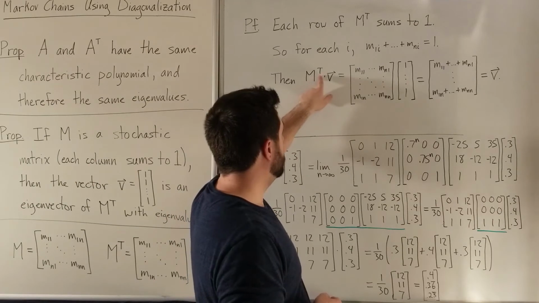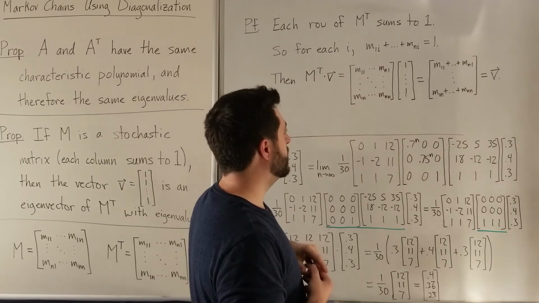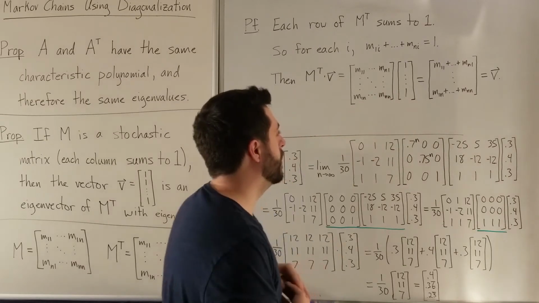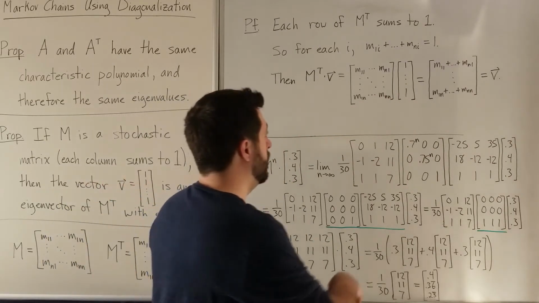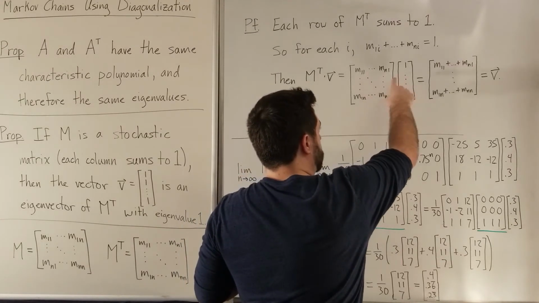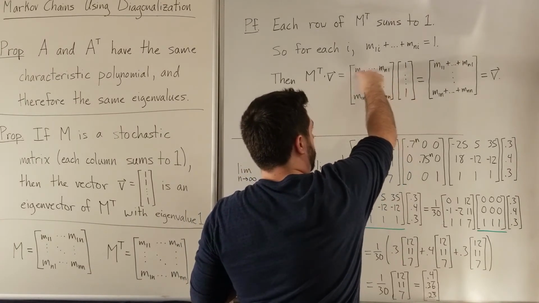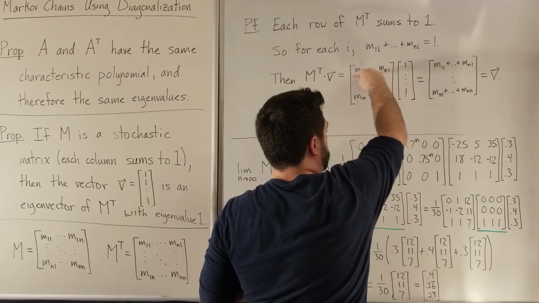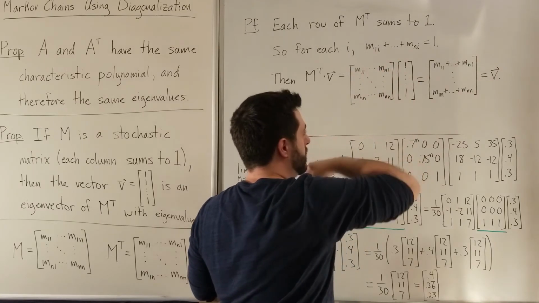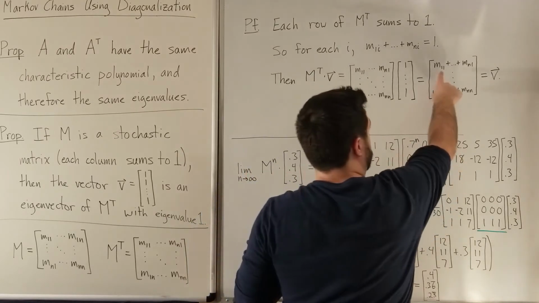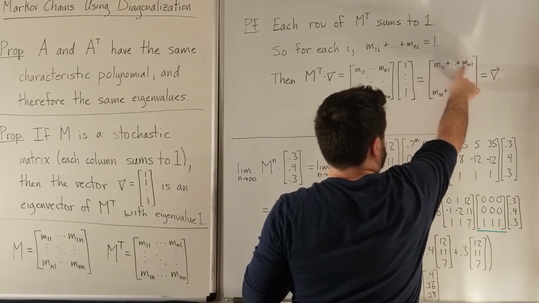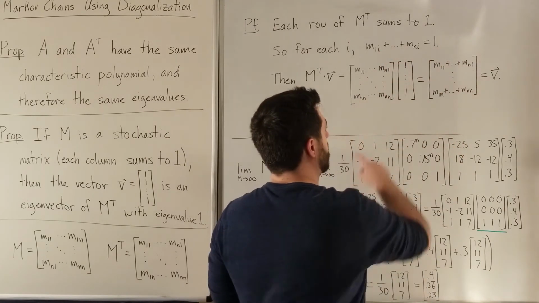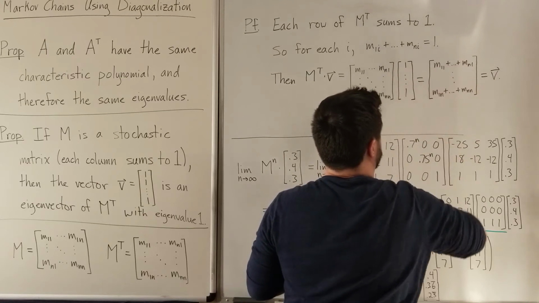Okay, so M transpose times this vector V is M transpose times the column vector of all ones. Well, when we're multiplying this in, because all of these are 1s, we're going to get this times 1 plus the next one times 1 plus the next one times 1, right? It's just going to be the sum of all of these times 1. So we're just going to get the sum of each of these things, and this is exactly the thing that we're assuming is equal to 1, right? This first row all sums to 1.